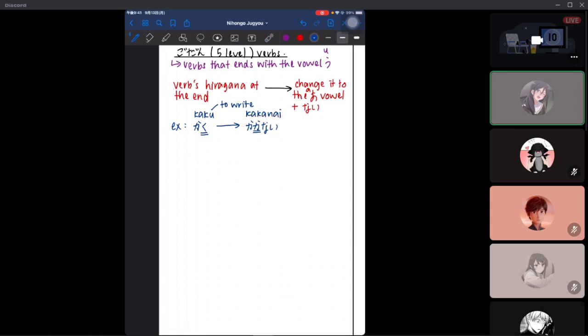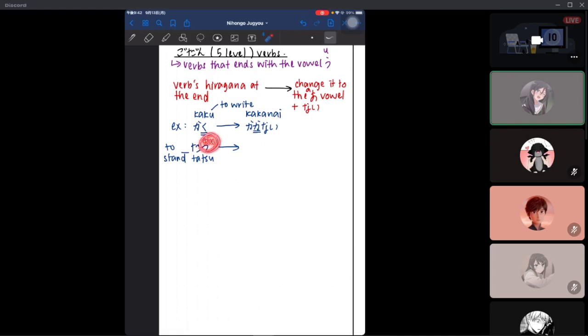So for example, the second one would be tatsu. This one means to stand. If you conjugate it, what will it become? It's not ra, because this one is a tsu.